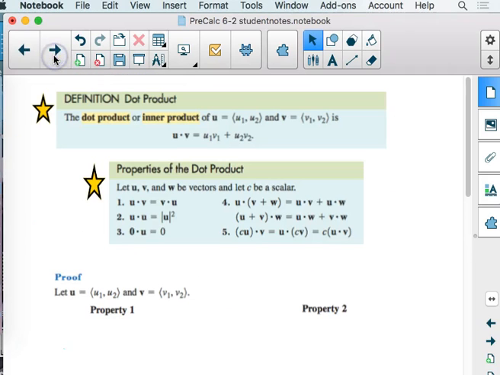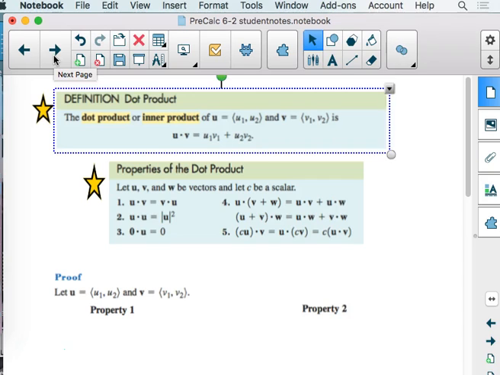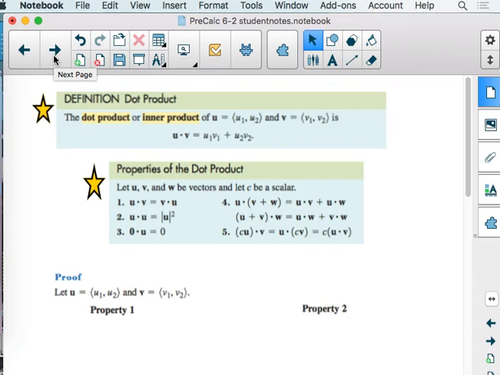And we are right here where we have the formula for the dot product. And you can see it is the x times the x right here plus the y times the y right here. That's what you do. But it turns out there are many properties that we think of with normal multiplication and addition that also work with the dot products.